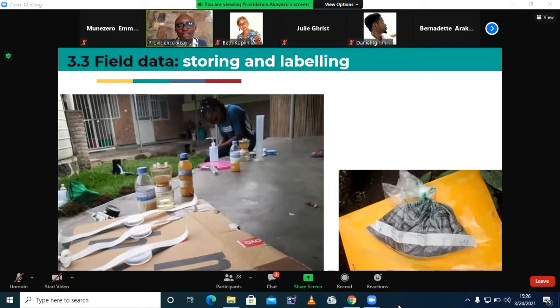For the soils, we put the geology name, the sample number, the date and the district. And for the sediments stored in petri dishes, we had to put a label of the river name, the date, especially the sampling season, and the river name.